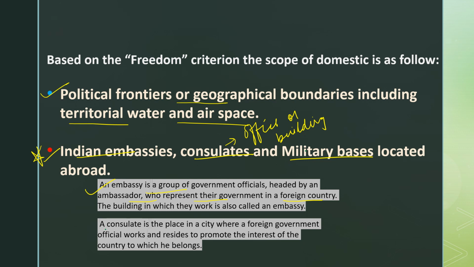If any government officer who is coming from abroad to our country is representing or promoting the interest of his country, the building or office in which he is living would be considered as domestic territory of their country, not our country.